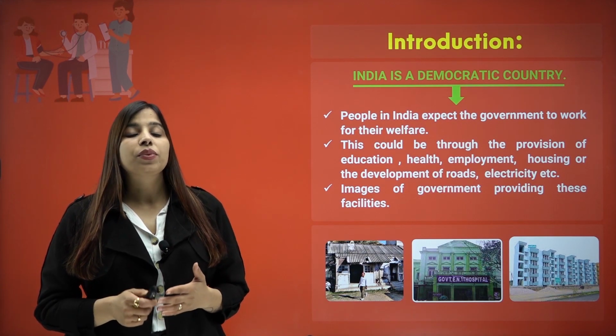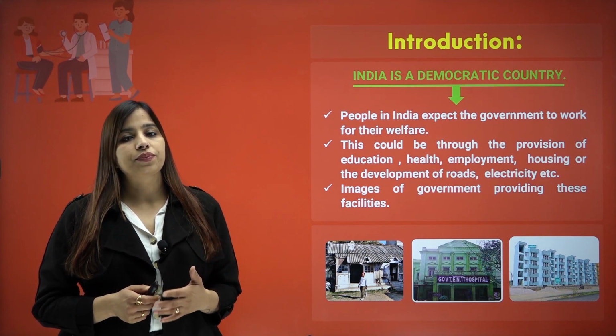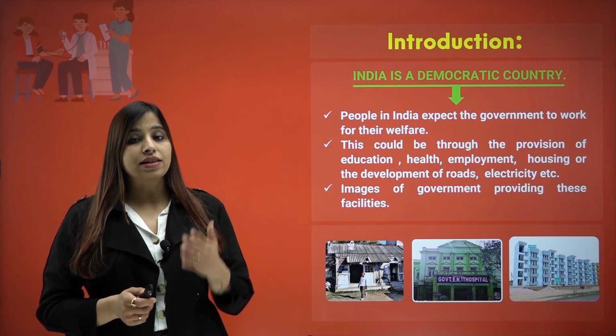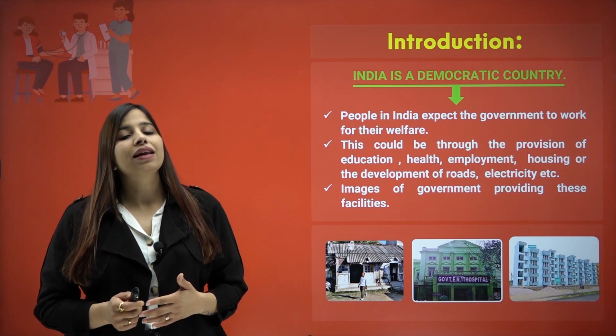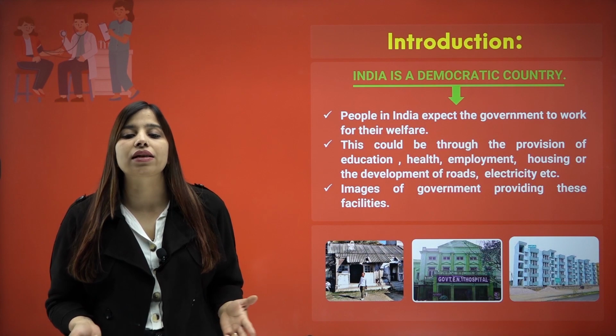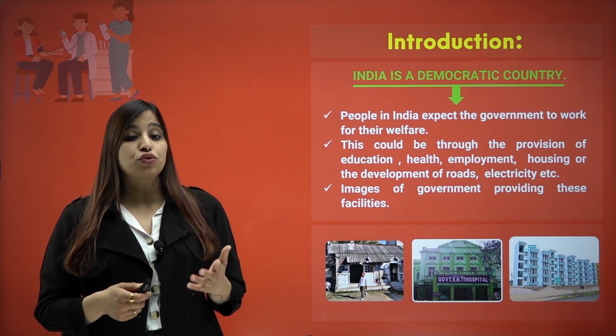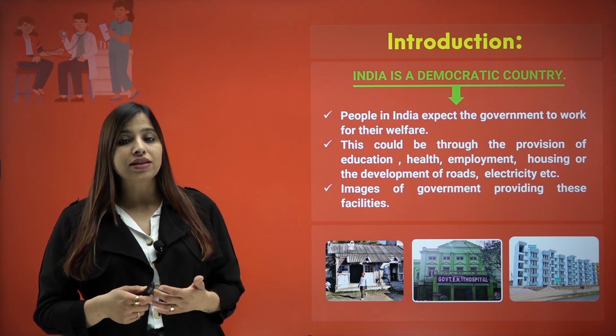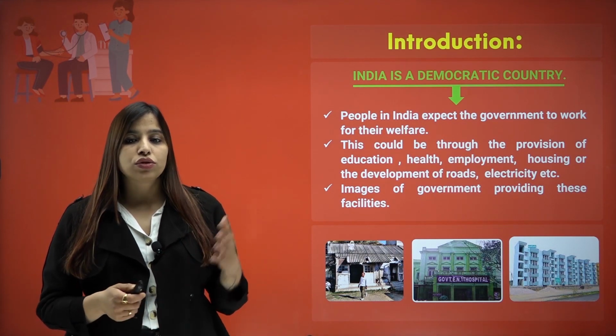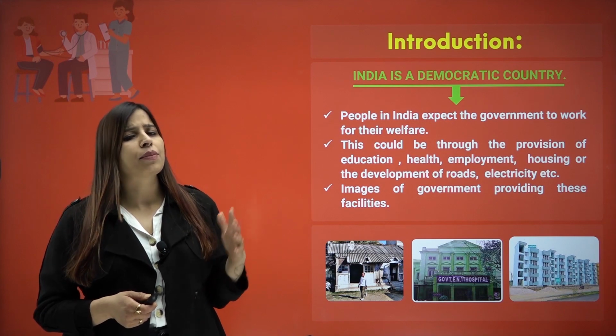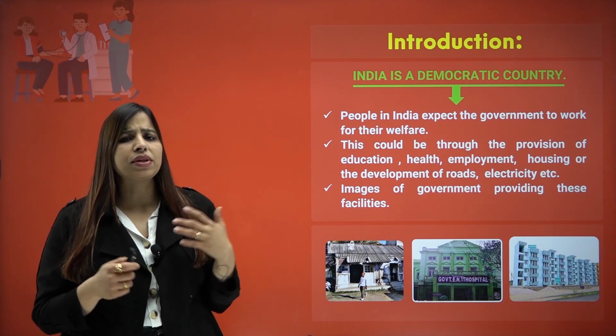As usual, we always focus on India. The biggest quality of India is that it is a democratic country, and in a democratic country, what do we expect? We expect the government to work for the welfare of the people. Yes, that is why we choose the representatives who are going to work for us. This could be through the provision of education, health, employment, housing, or development of roads, electricity.